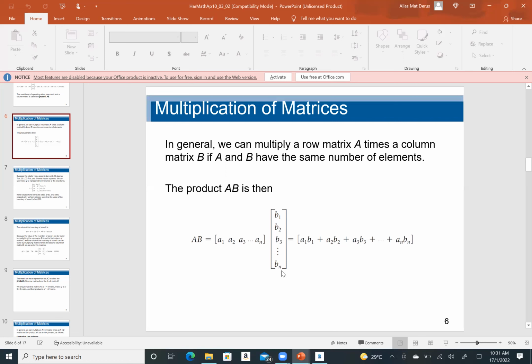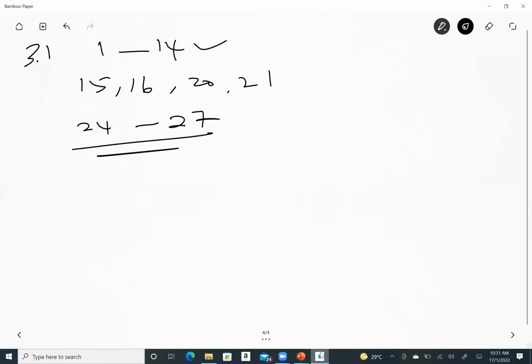I think the notation sometimes can be confusing. So kita buat macam ni. If you look at a row matrix, let's say A row matrix. So row matrix meaning 1 by n.